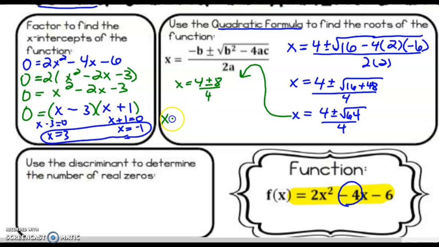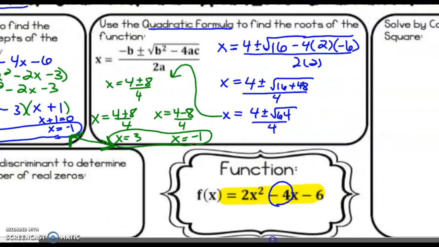So one of them, x equals 4 plus 8 divided by 4, or x equals 4 minus 8 divided by 4. Then if I calculate that, I get x equals 3 and negative 1. And notice that you got the exact same answers as we did for factoring. So those two will give you the same answer, it's just a different way to solve it.